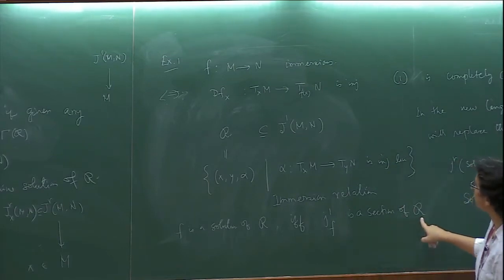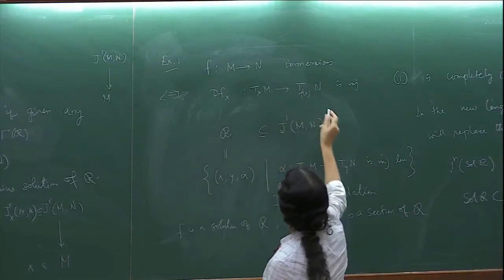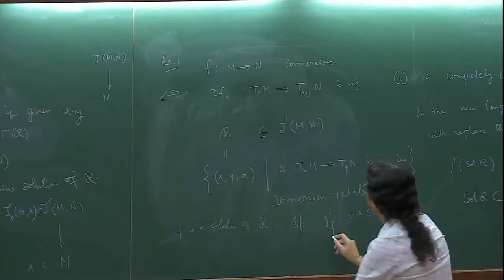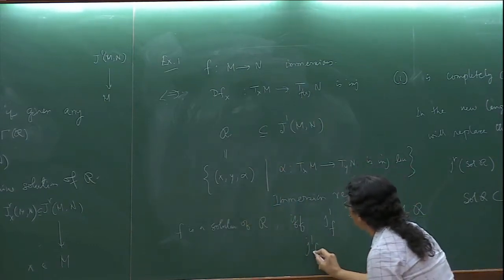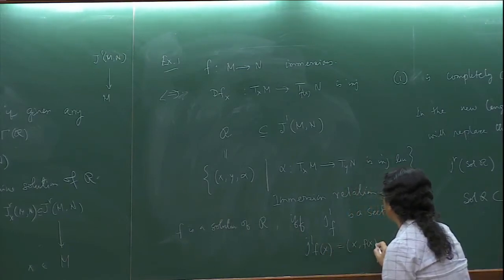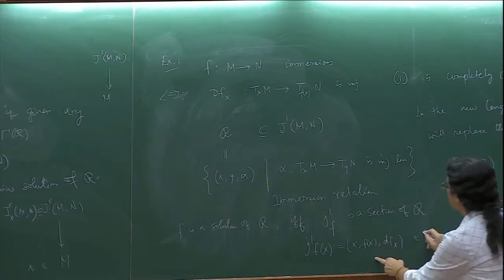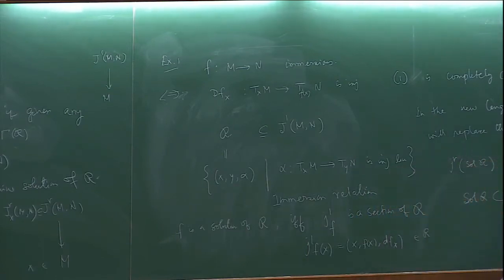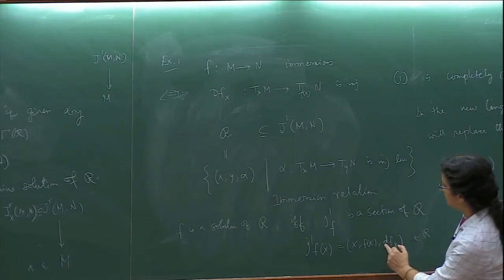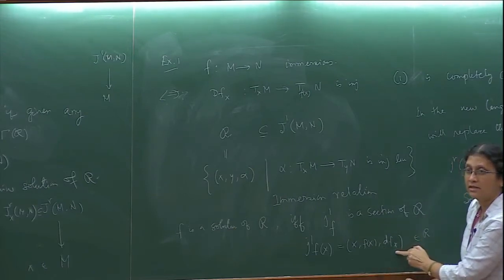And something is a section of this R means what? This is considering all tuples. So what is this? J1F(x) is nothing but (x, f(x), df(x)). This belongs to R, and I know that if this belongs to R, that means this is injective.